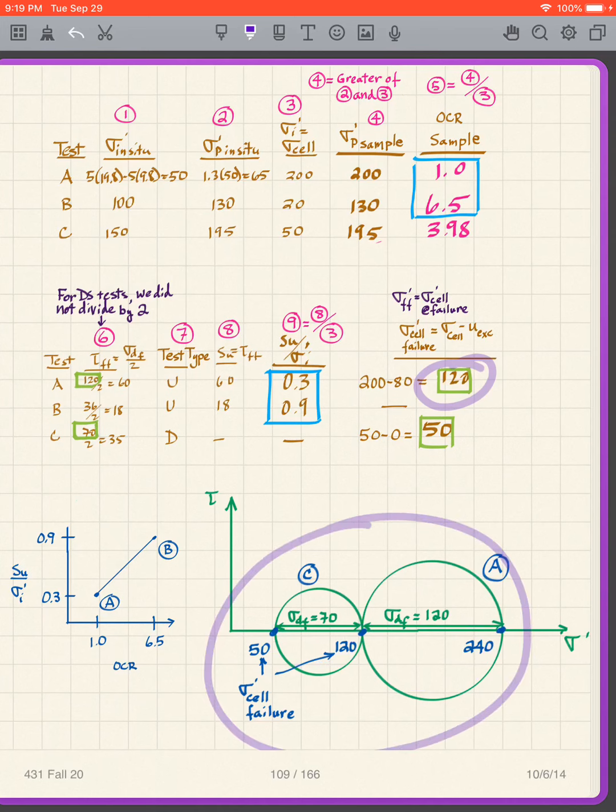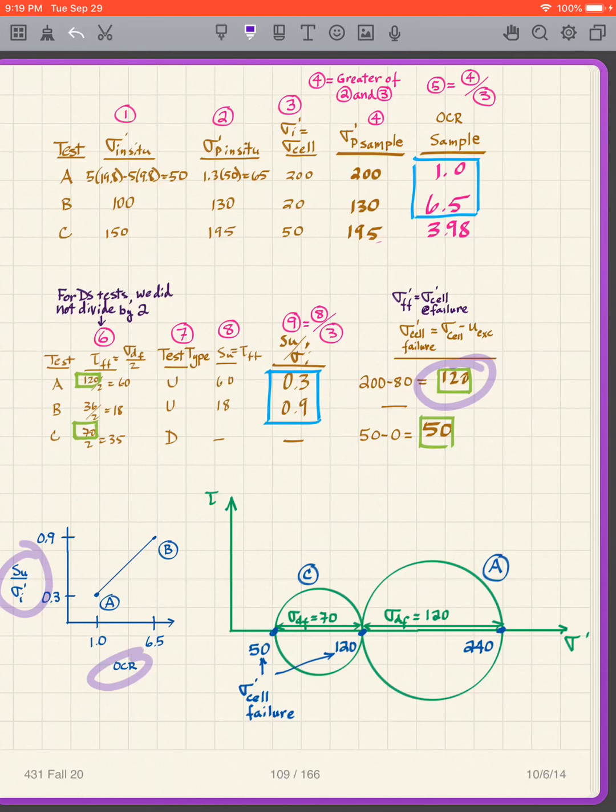So I've got that done. Now I'm going to get my sigma prime I versus OCR. Well, SU over sigma prime I versus OCR. Well, I've got my SU over sigma prime I right here. I have my OCRs right there. I take those values and I put them here. So I have 1.3.